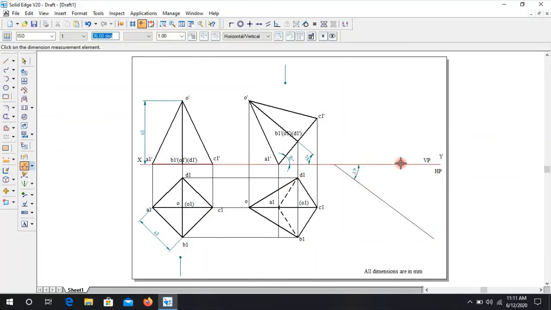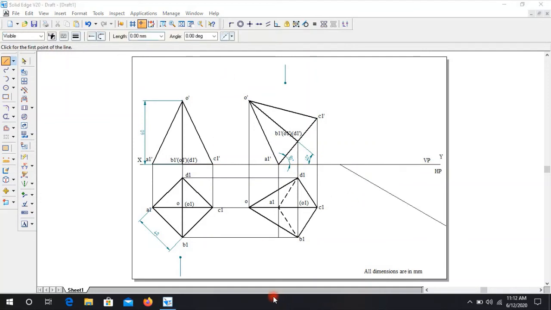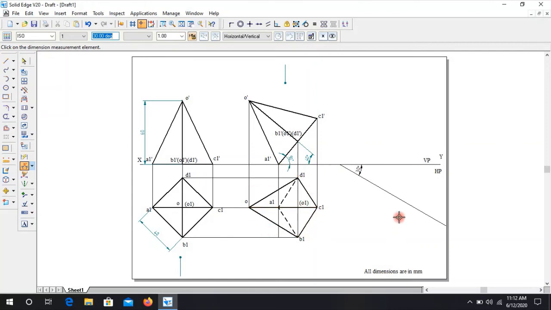Inclination between XY line should be 30. This inclination is 30. We have to copy this diagram from second step to third step. But the condition is this axis should be making an angle of 30 degree.